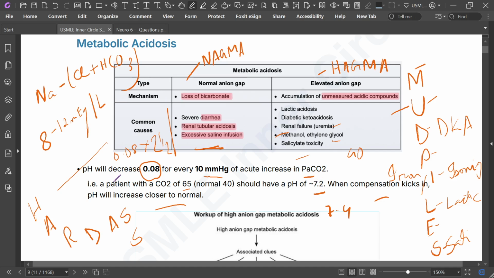According to the rule, pH will decrease 0.08 for every 10 millimeter of mercury of acute increase in PCO2. As it is 65, so 25 millimeter of mercury is raised, and if we calculate according to this rule, then we get the pH, which is closer to normal, that is what they are trying to mean.